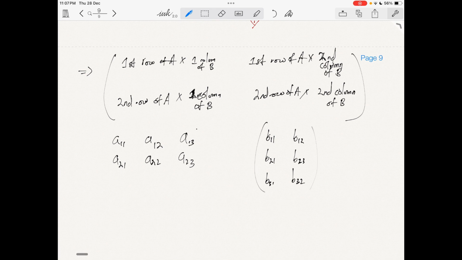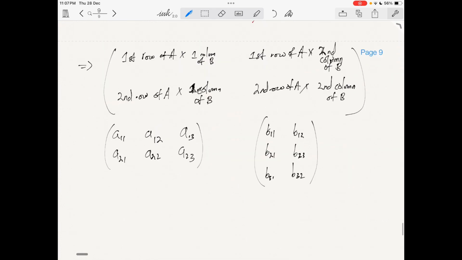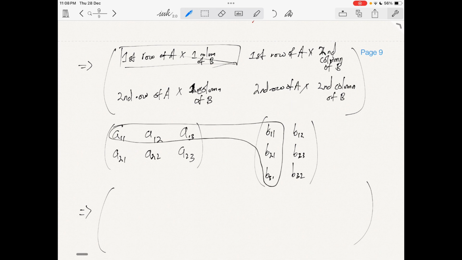Now since we are dealing with the first row of A and the first column of B, our first column will be dealing with this and with this. So we multiply each individual one to get A11 B11 plus A12 B21 plus A13 B31.